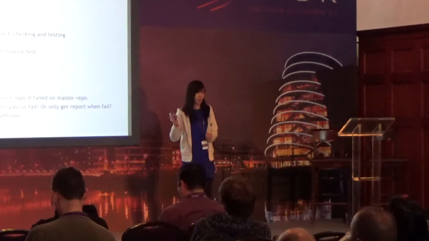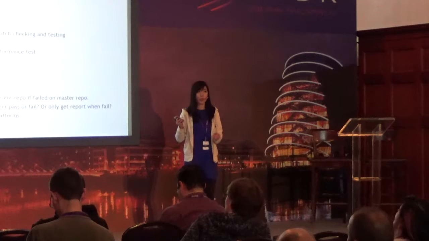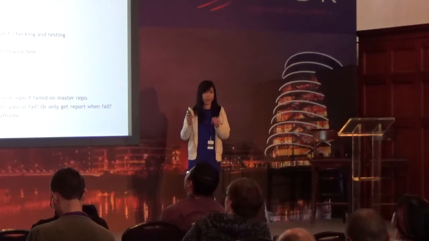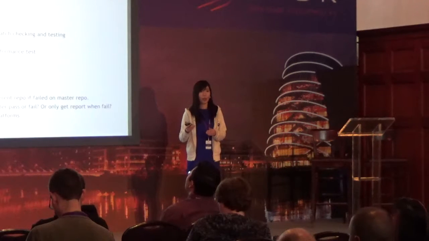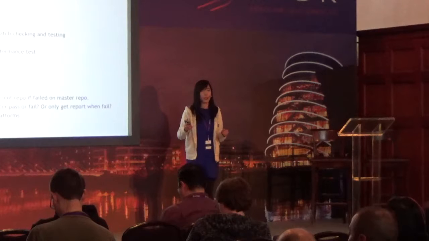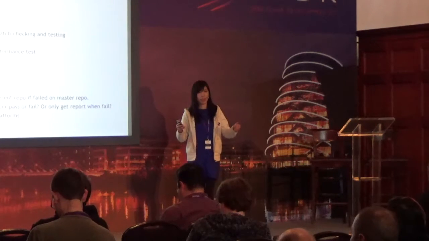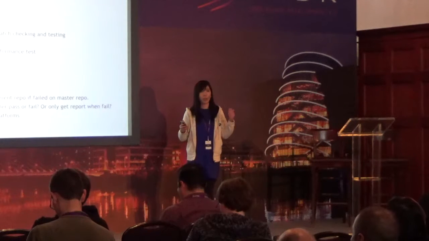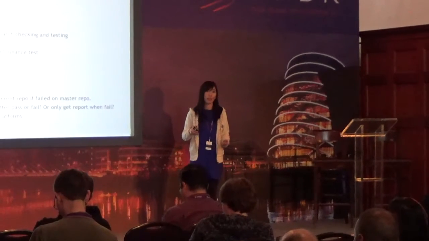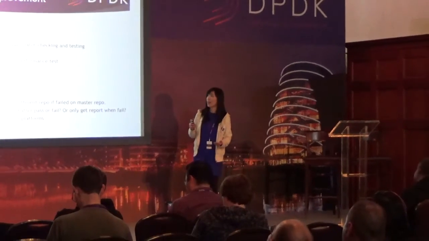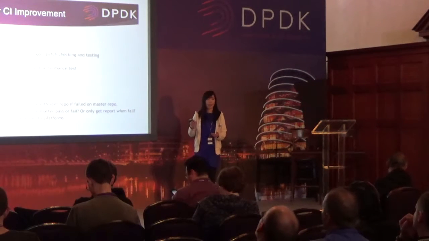From the comparison, we have some suggestions. We'd better group the CI test as a team for community testing. Not only Intel, as I think Thomas said, it's a community effort. We need the different architectures, for example ARM and PowerPC, and different NICs, to be put in place as community efforts for the CI. We can enable Jenkins as the CI tester tool.